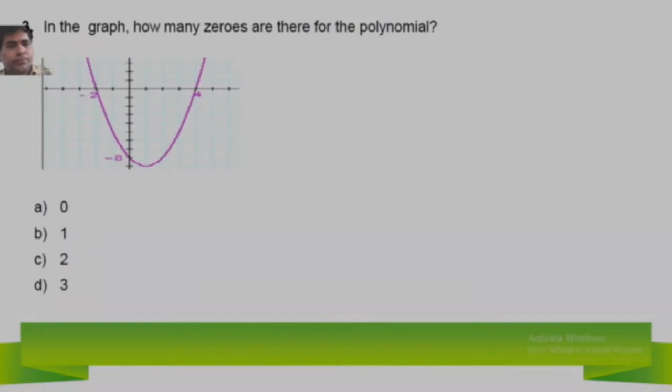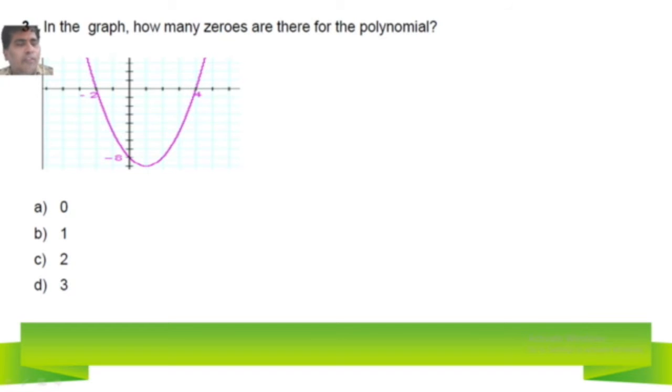Next one. In the graph, how many zeros are there for the polynomial? So how do we get zeros of a polynomial graphically? The number of zeros depends on the graph, how many times it is intersecting the x-axis.